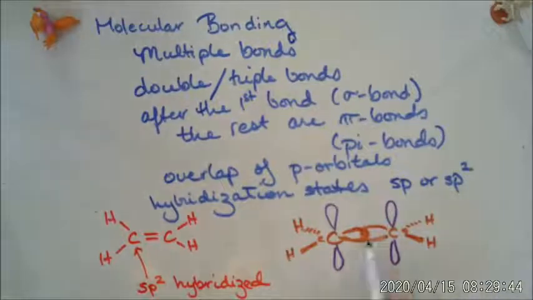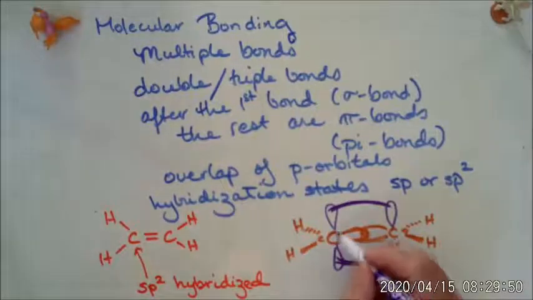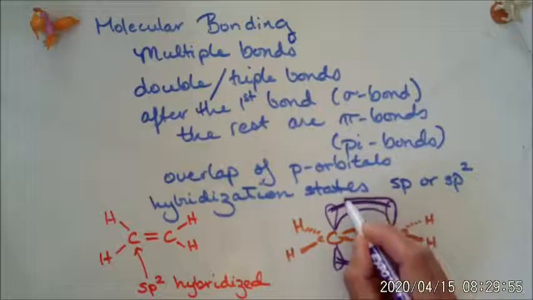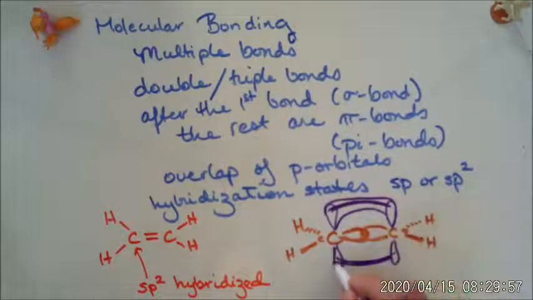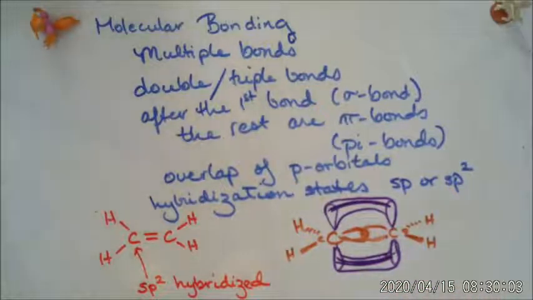Okay? So a pi bond actually is the overlap of this. And one pi bond almost looks like a tooth here.